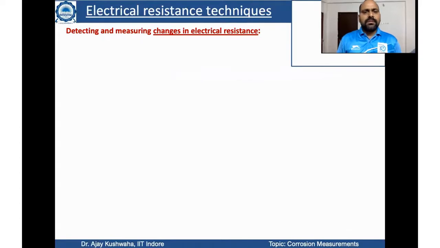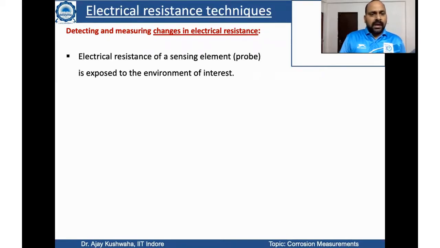So, the electrical resistance technique. It's well known, like when we are measuring the resistance of any device. If corrosion is happening in a metal, then with respect to time there will be a change in the electrical resistance. Why?